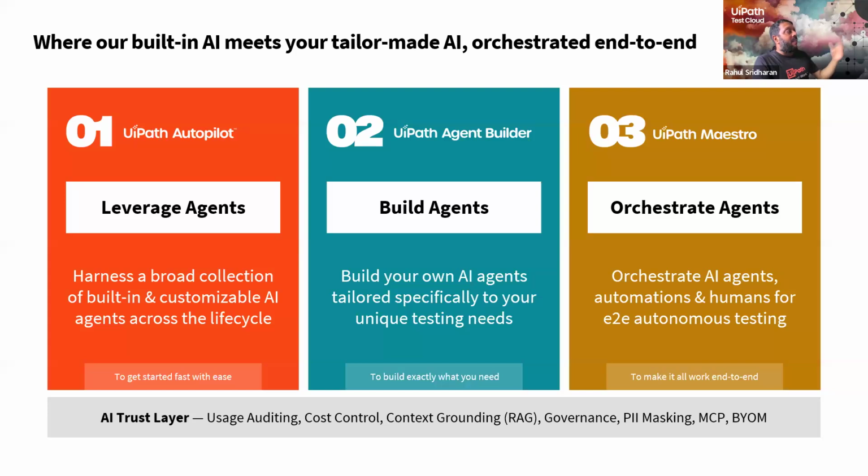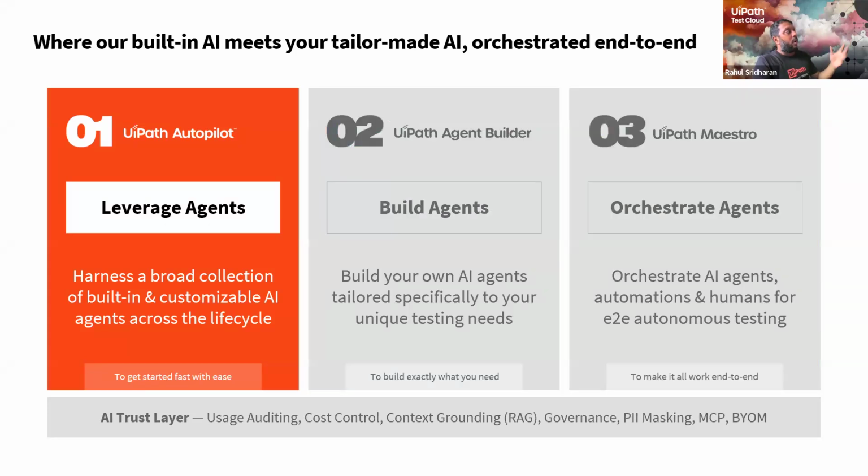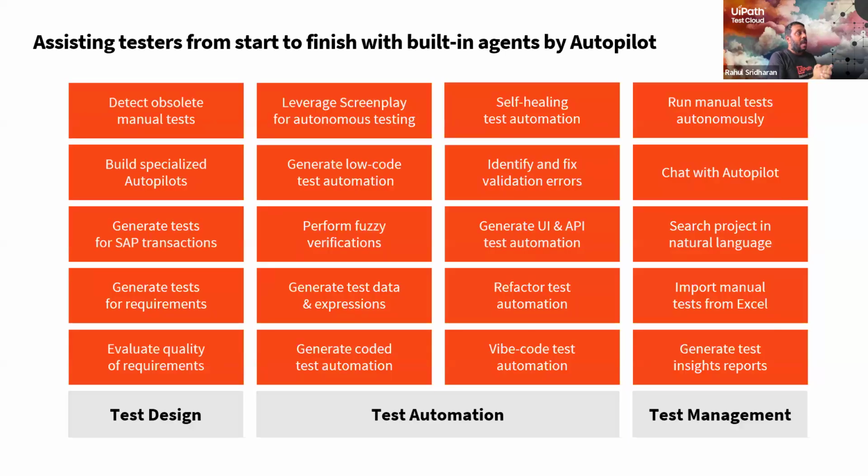Having said that, this is what we're going to look at first: the out-of-the-box agents that are available in the platform that can help you with your testing process. What you're seeing here, each of these orange colored boxes, are individual AI agents, and each agent is going to help you do something.